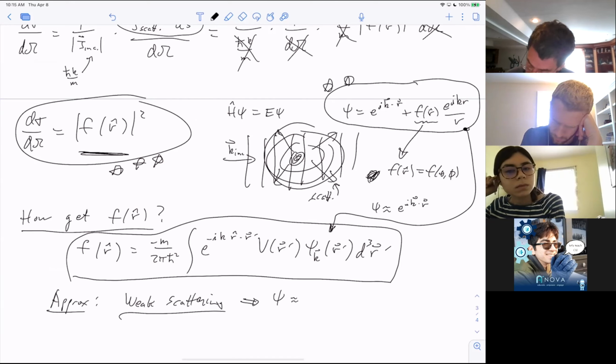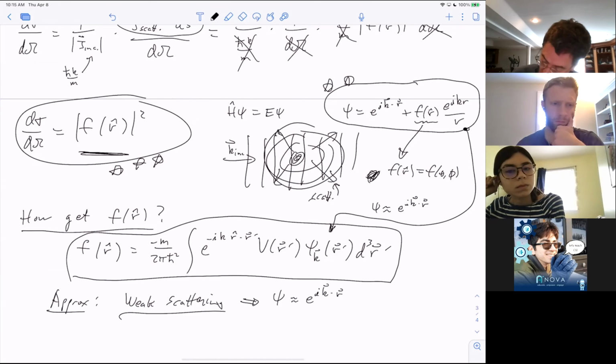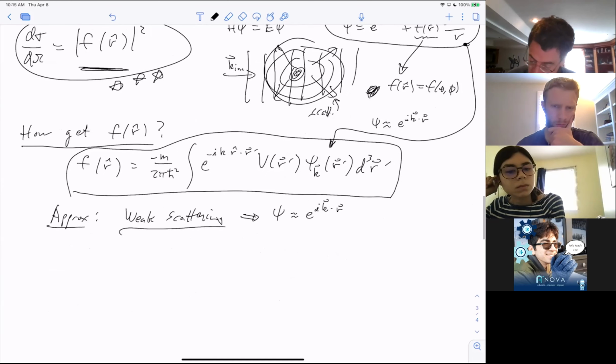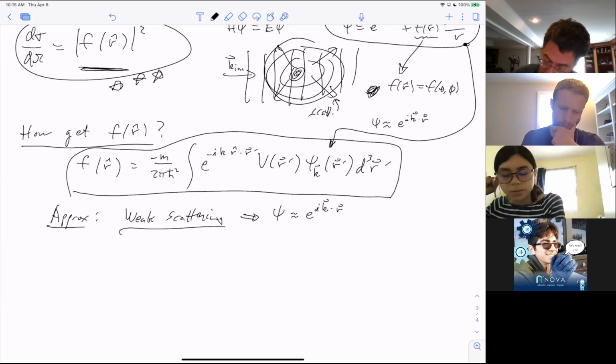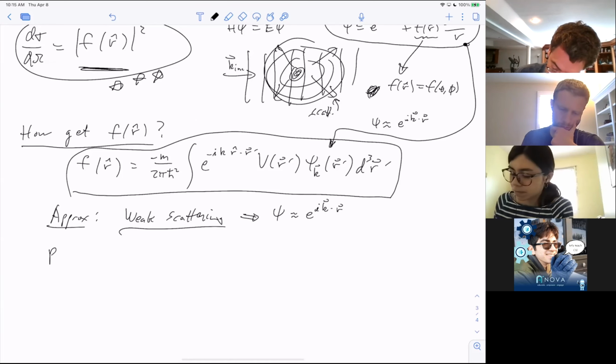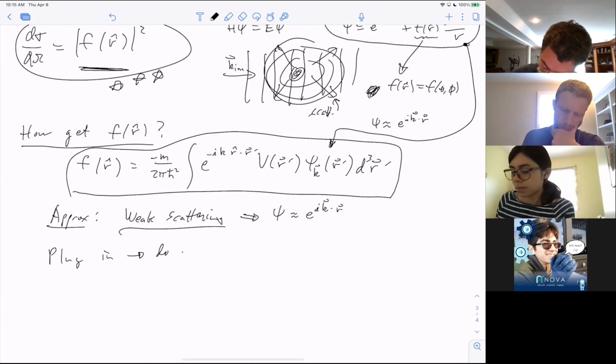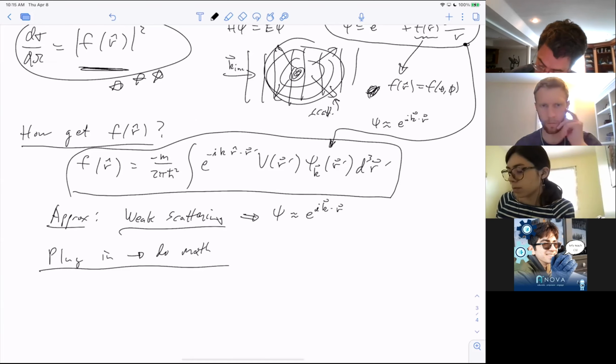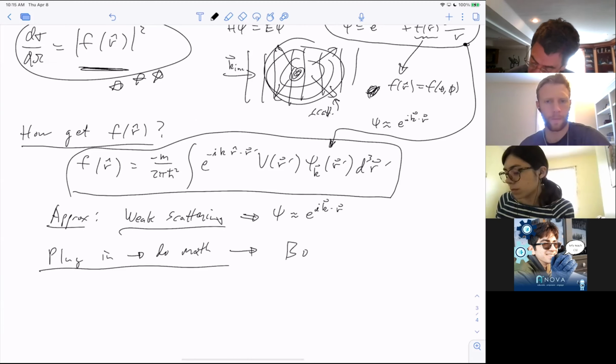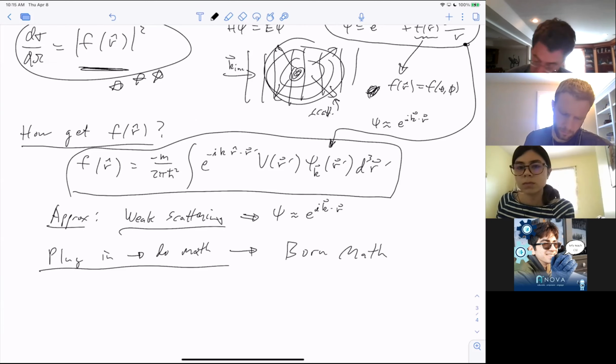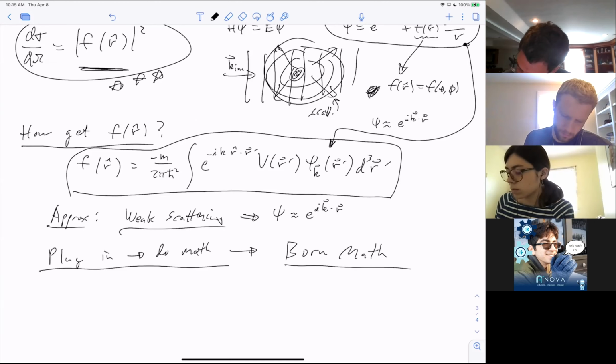And then when you do that, you plug that in, do the math, play with it, and what you'll find is you get the Born approximation. And I'm not going to do the math. It's actually pretty easy. It's not fancy.